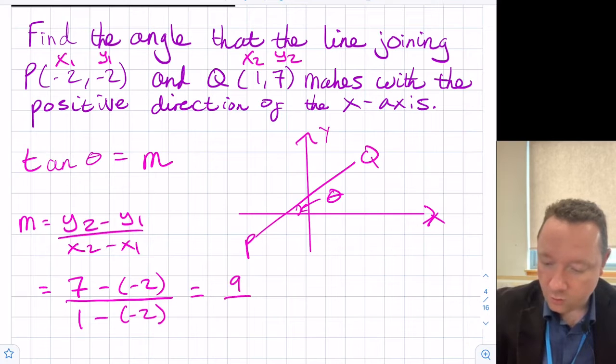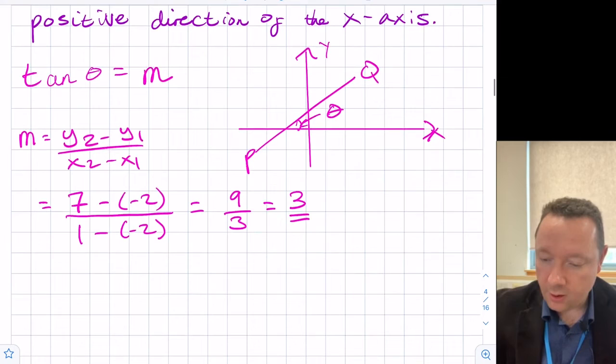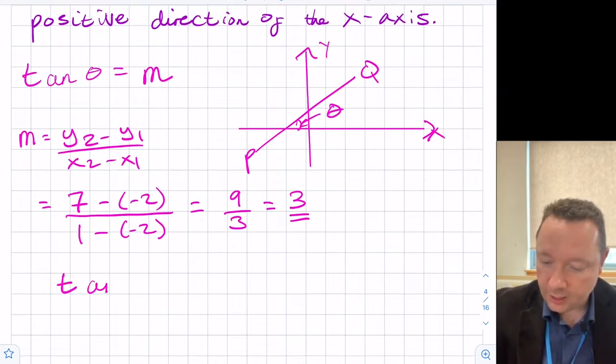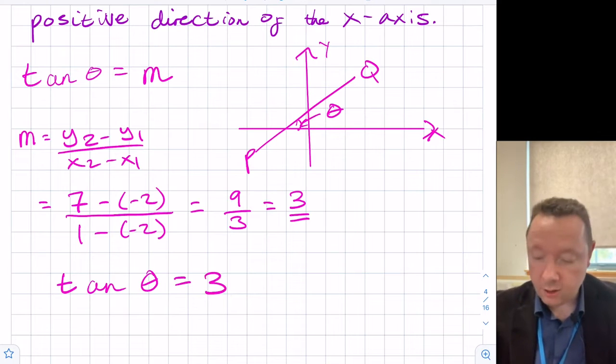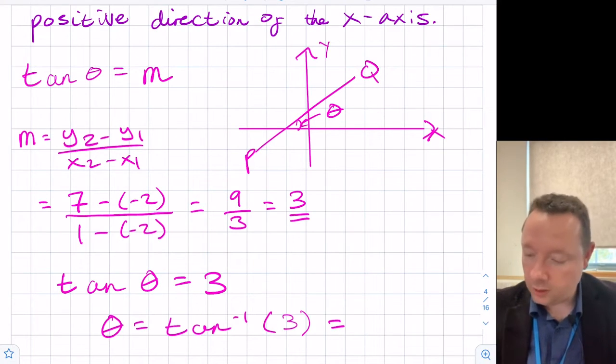That's 9 over 3, which is just 3 in total. So we now know that the tan of our angle is equal to the number 3. We can use a calculator to do the inverse tan, so theta is the inverse tan of 3, which in degrees is 71.6 degrees to 3 significant figures.